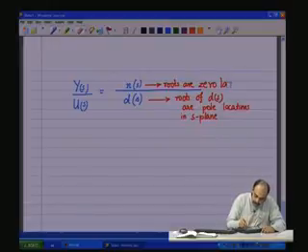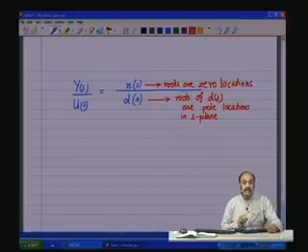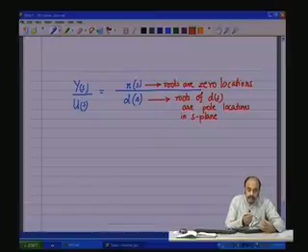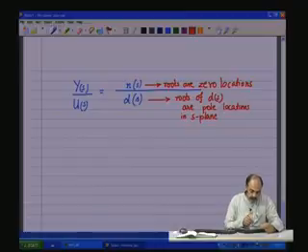They are the 0 locations in the S plane. So, that is basically the important concept in the case of the transfer function.